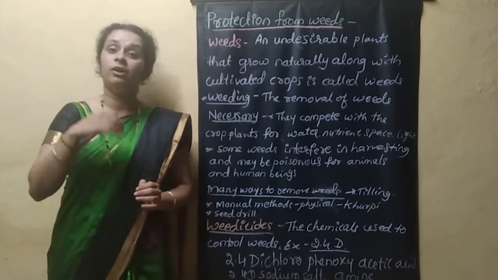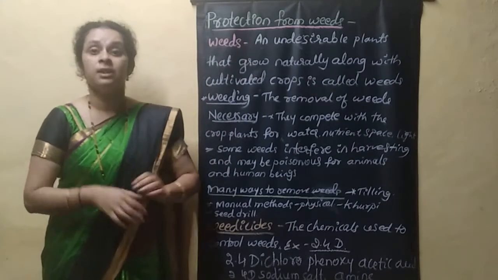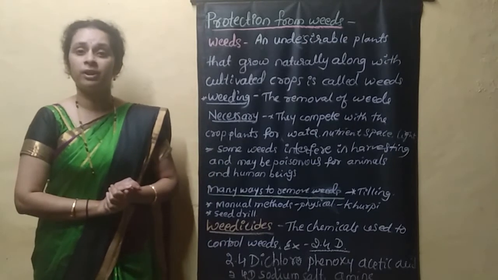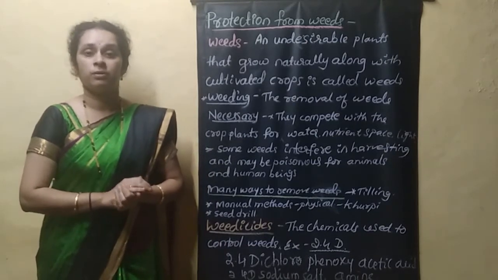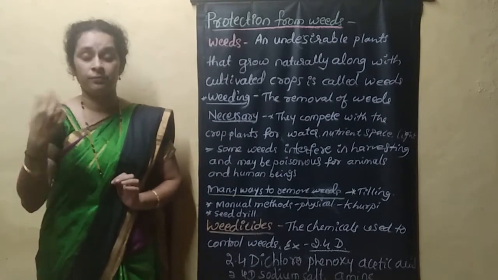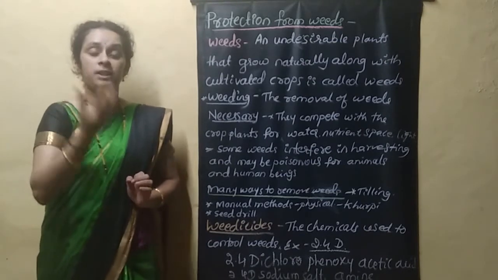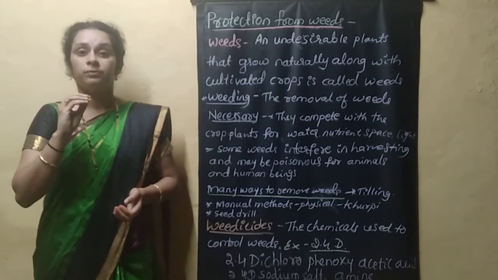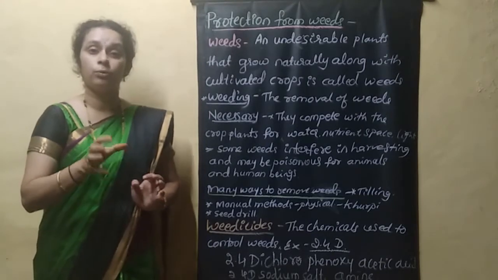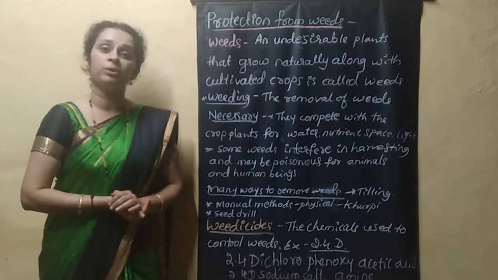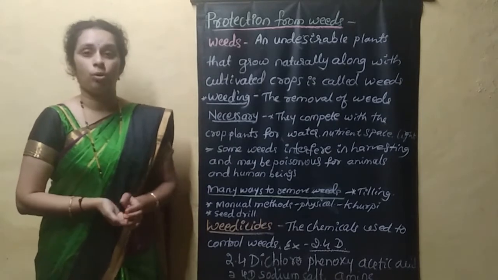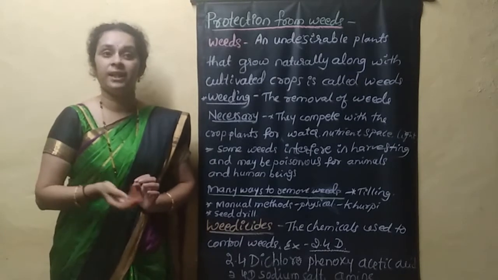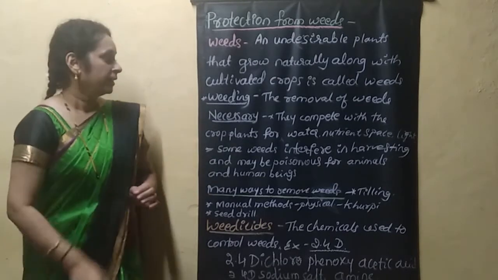That means the unwanted plants that grow along with the cultivated crops and are not required by the farmers in the field. In Kannada, we call them kale.